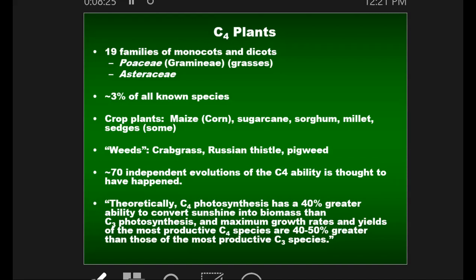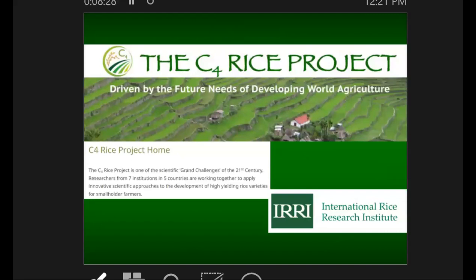Okay? So that's why they're looking at making the rice plant to be C4. Rice plants are just C3, but they're trying to genetically modify them to run the C4 cycle. And they're making some progress, but it's slow going. That's a lot of different enzymes and gene expressions and gene modifications that need to be done, but they're working on it.